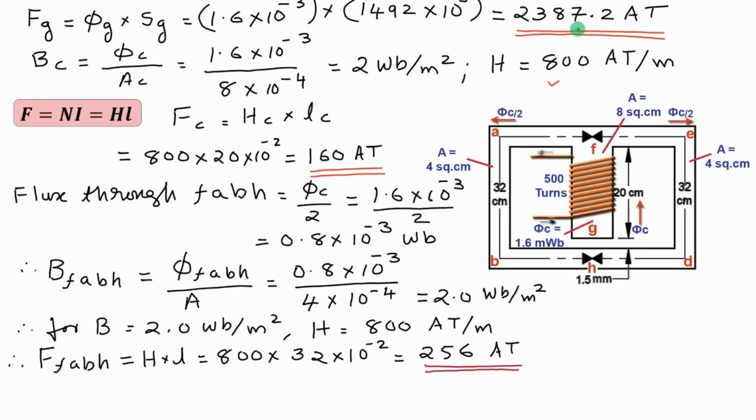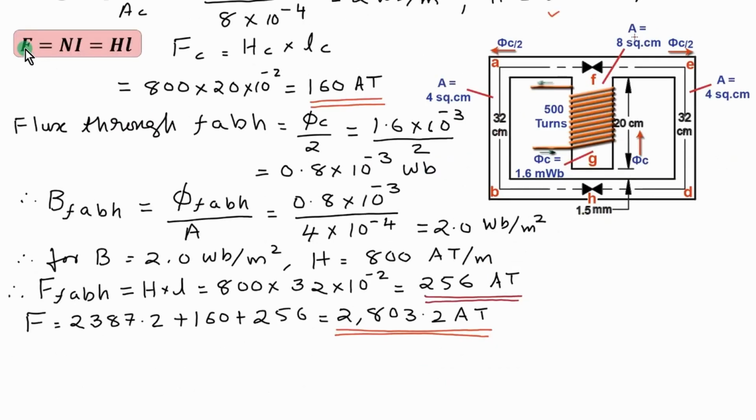Therefore, total MMF is the mmf for this air gap, that is 2387.2, plus for this center limb Fc, that is 160 ampere turns, plus for this limb, that is 256 ampere turns. Total MMF F is equal to 2387.2 plus 160 plus 256, which is equal to 2803.2 ampere turns.